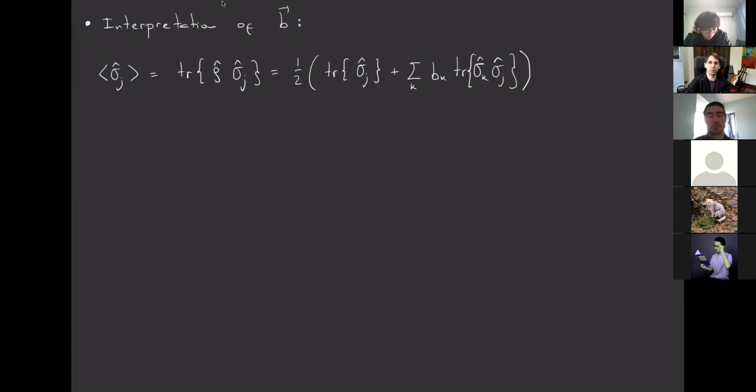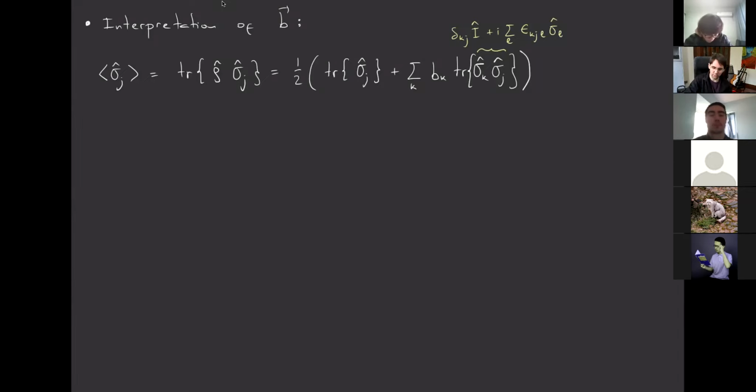Now, from the properties of the Pauli matrices, this multiplication of sigma k, sigma j is equal to delta kj times identity plus i times the sum in l of this antisymmetric symbol epsilon kjl sigma l.